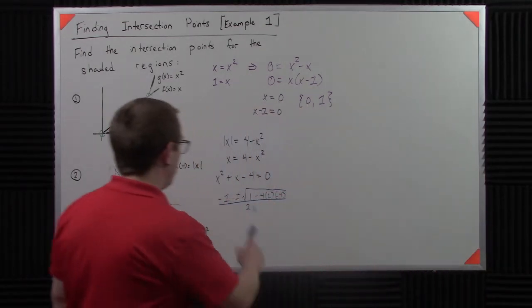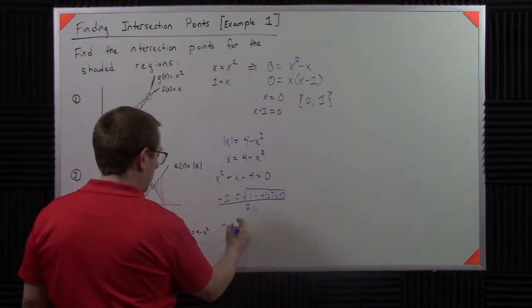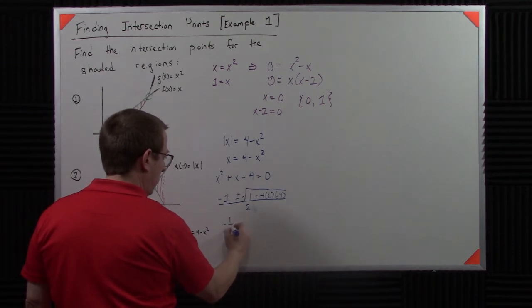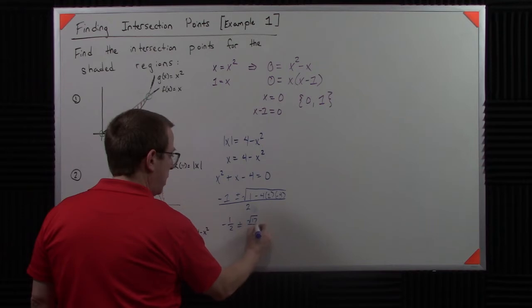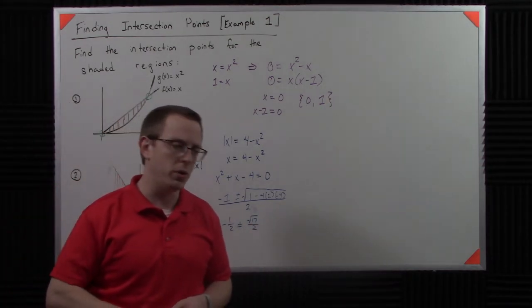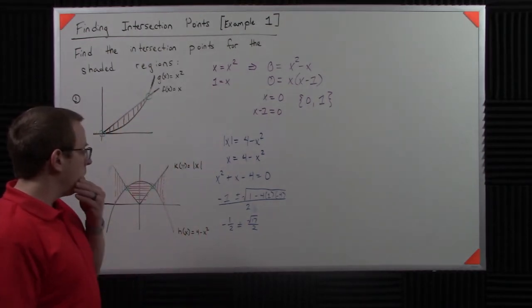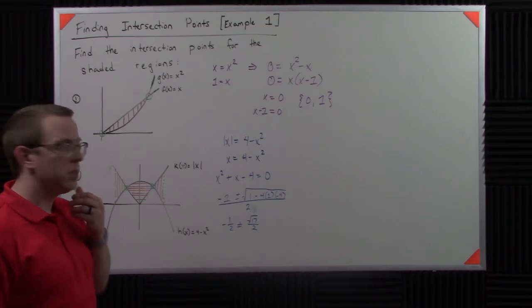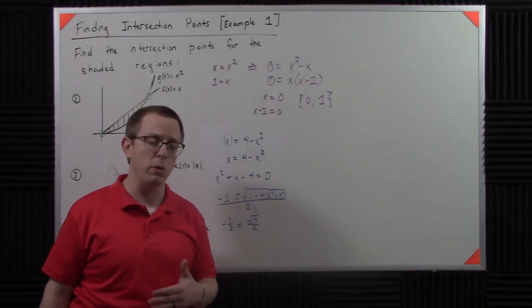If we plug it in, we get negative 1/2 plus or minus square root of 17 over 2. I know I did a lot of work there. So negative 1/2 plus or minus the square root of 17 over 2.